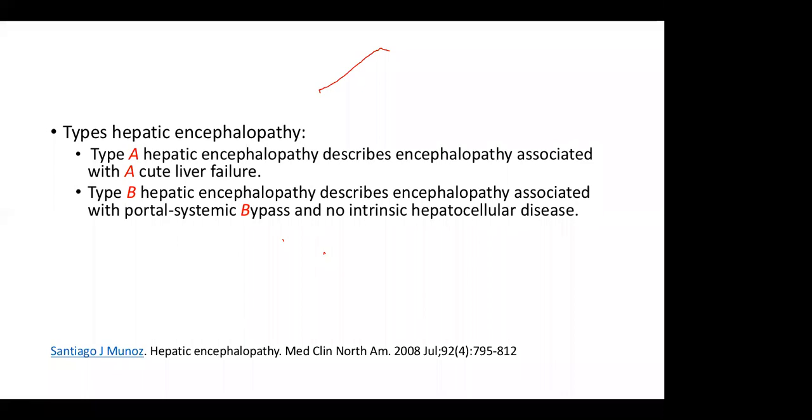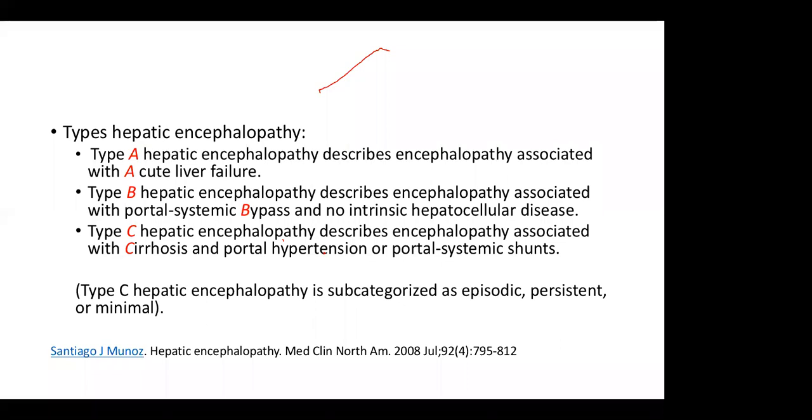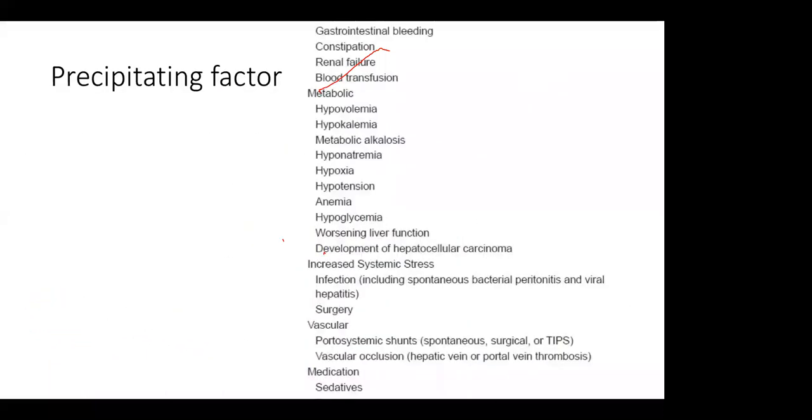So B with bypass. And type C hepatic encephalopathy is associated with cirrhosis and portal hypertension or portosystemic shunt. So don't forget C with cirrhosis, and it's further subdivided into episodic, persistent, or minimal, and this is not our issue now.